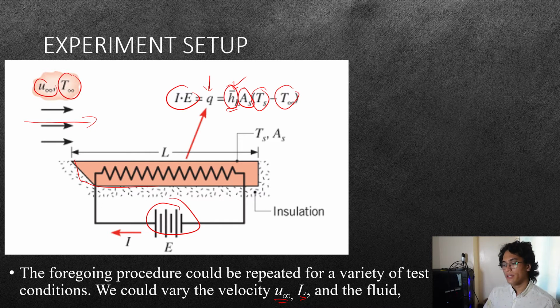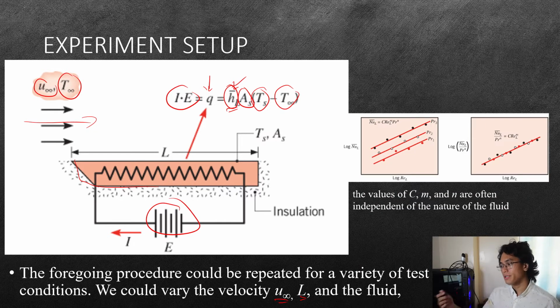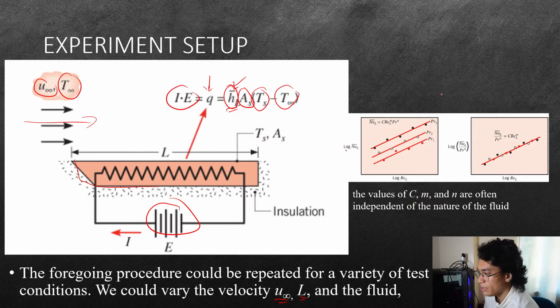Now, after multiple repetitions of this experiment, they would find a linear behavior, or they would find an expression where the Nusselt number can follow a... This log here shows that the behavior of the numbers here are logarithmic in nature. So if I were to graph this in an arithmetic scale, this would look like a logarithmic curve. But since this is in the log scale, this translates into a linear scale.